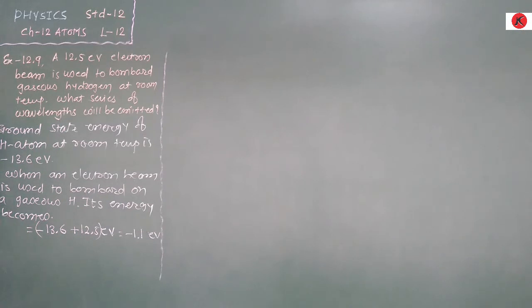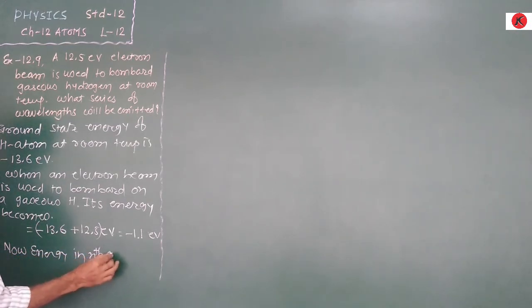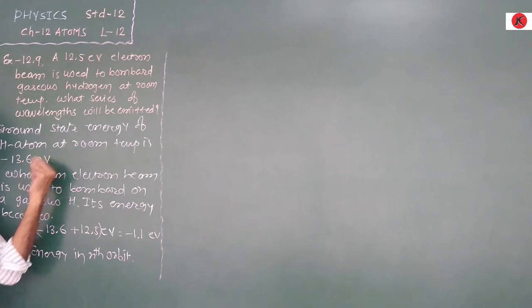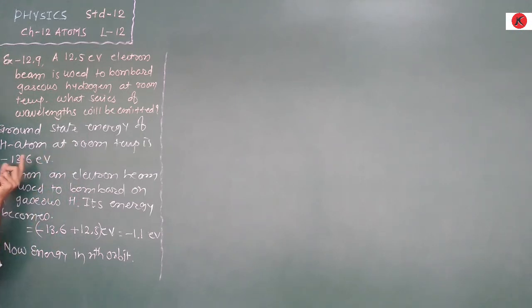Right. Therefore, what is the energy in the nth orbit? Now listen, at room temperature, when the electron is in the ground state in the hydrogen atom, it has minus 13.6 electron volt energy.